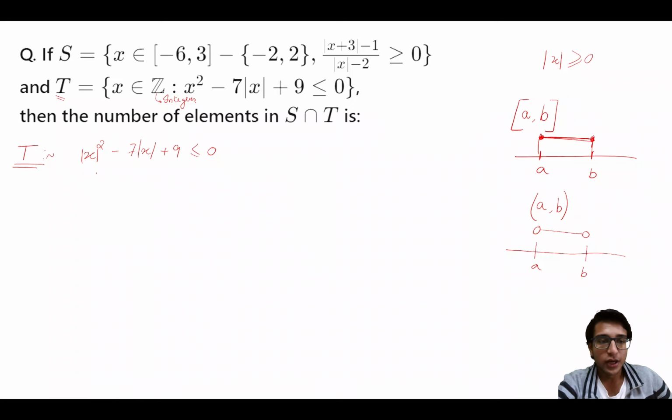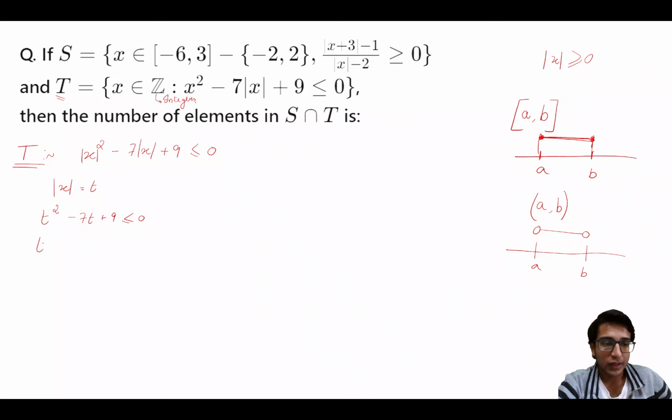So here what we are going to do is, first I'll assume my mod x to be t. If my mod x is t, this would simply become a quadratic equation. Now again, solving quadratic equations is something you've already done.